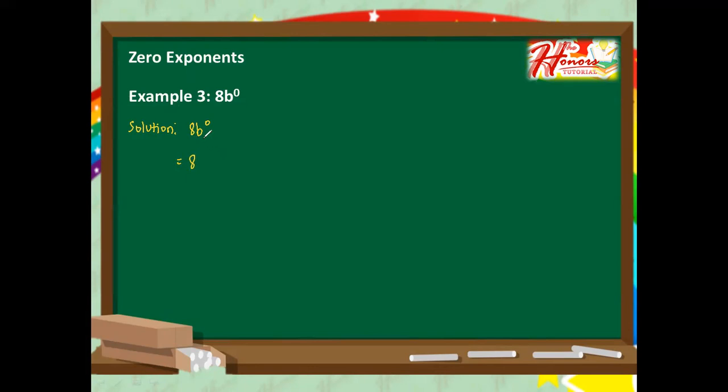It is because the term or the variable that is raised to 0 is only b. So therefore, we will just simplify this variable, which is b. So b raised to 0 is 1. So 8 times 1 is 8. And that's the answer for example number 3.